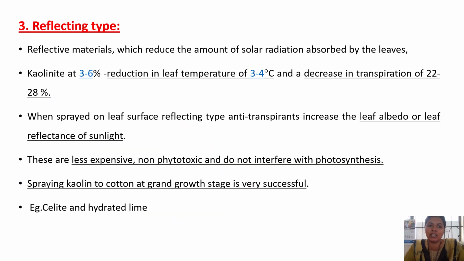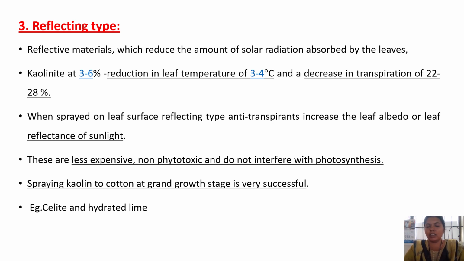As the name indicates, we all know solar radiation is one of the important factors which causes transpiration. When the solar radiation is absorbed by your plant, the temperature will rise and will lead to transpiration. So to prevent this, some anti-transpirants like kaolinite will be sprayed on the leaves. It will form a light white colored patch on the leaf.